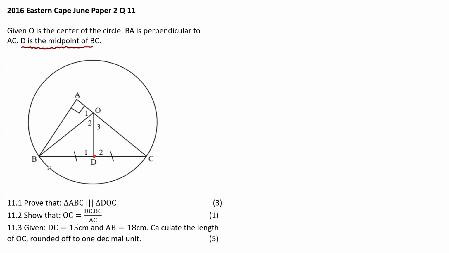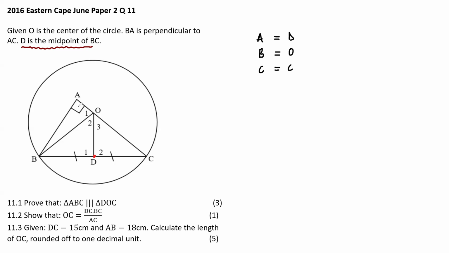11.1, we start. Prove that ABC is similar to DOC. So I need to go for that part. And I said earlier on, list them down. A, B, C. And then we've got D, O, C. Just list them down. Okay, so let's go look for who is who and what is what.